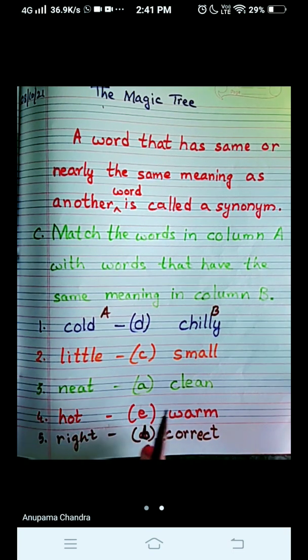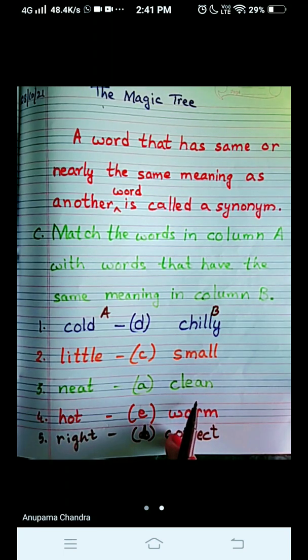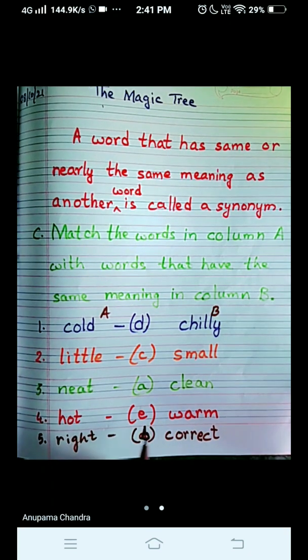Neat, clean. Hot, warm. Right, correct. So hereby we complete our today's class, children.